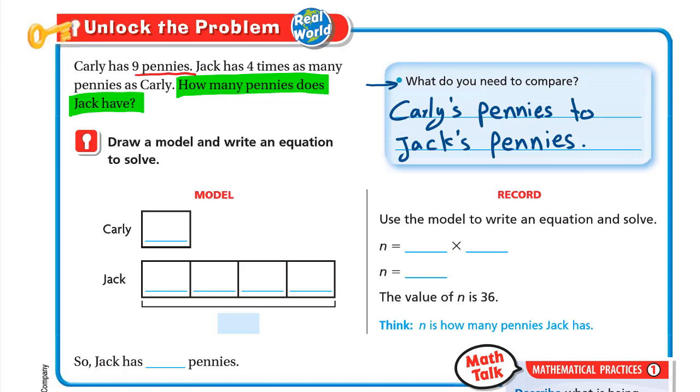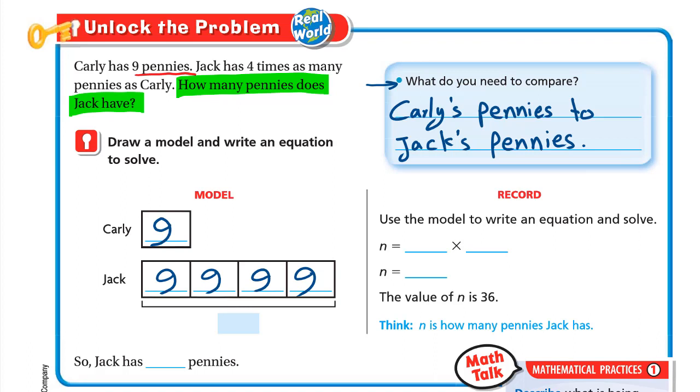So Carly has only 9. Jack has 4 times as many as Carly. So here in the model, Carly has 9 pennies and Jack has 4 times. It's like you draw 4 of what Carly has. So he has 9 and 9 and 9 and 9.